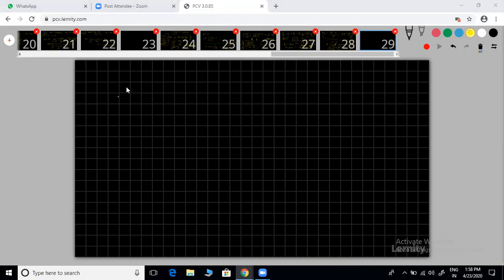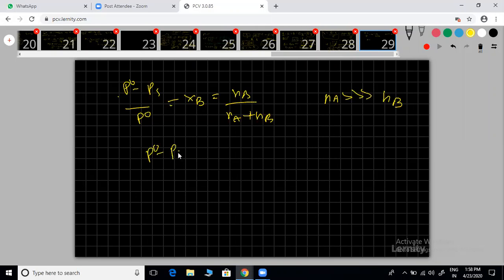You can see here (P naught minus Ps) by P naught equals XB. XB is nothing but Nb by (Na plus Nb). For dilute solutions, Na is greater than Nb, then you can apply here (P naught minus Ps) by P naught equals Nb by Na.